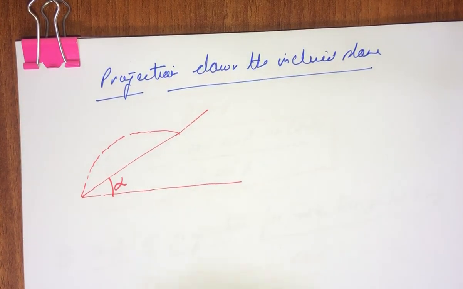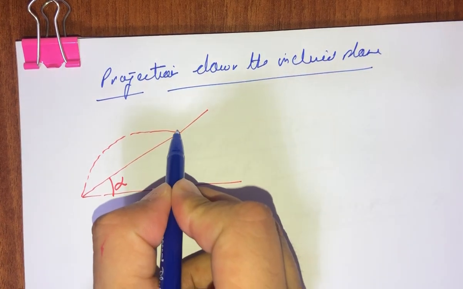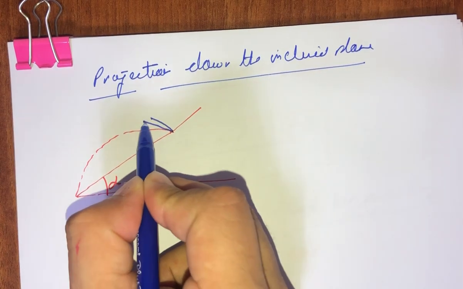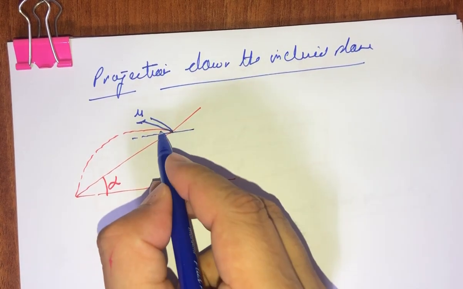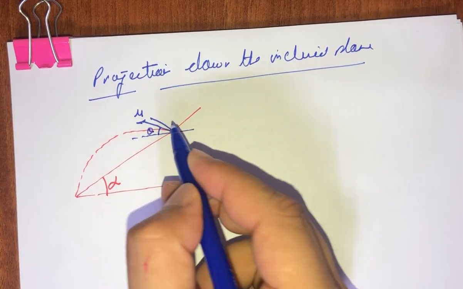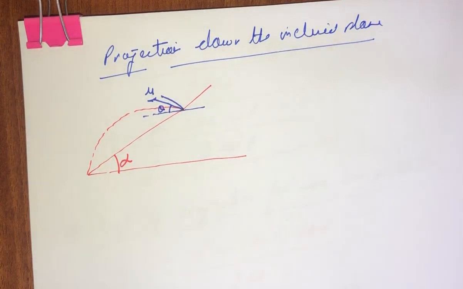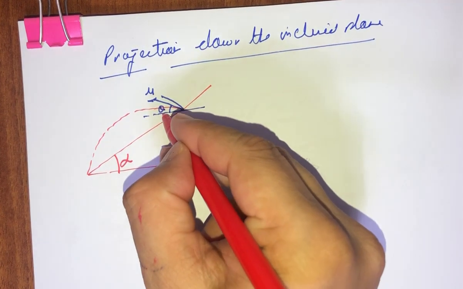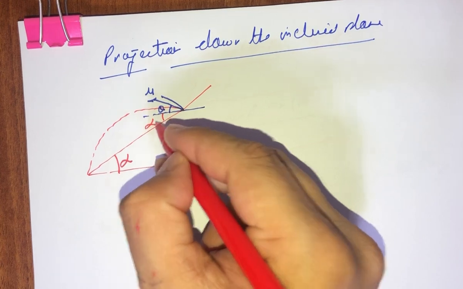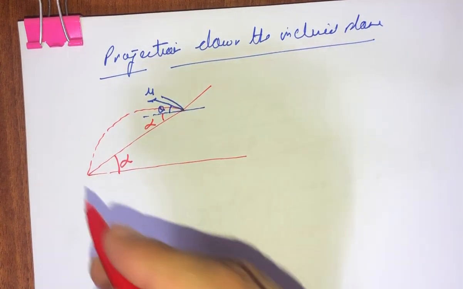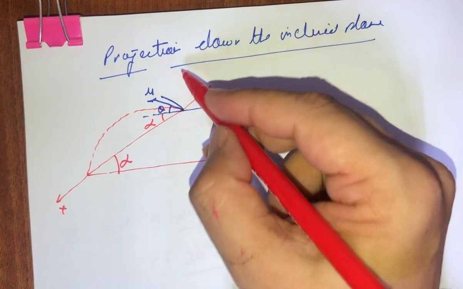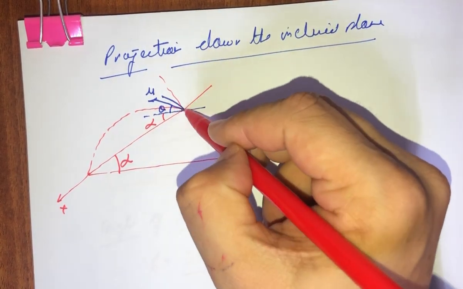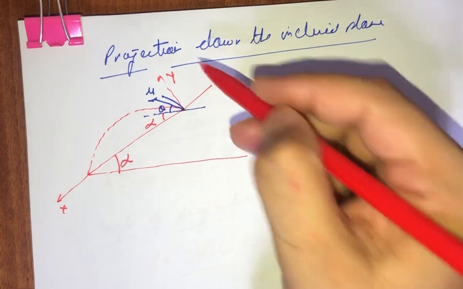So the velocity is in this direction, that is u, and it is making an angle of theta with the horizontal, and so we can say that this angle will be alpha, and we are taking this as our x-axis, so it means this will be our y-axis.